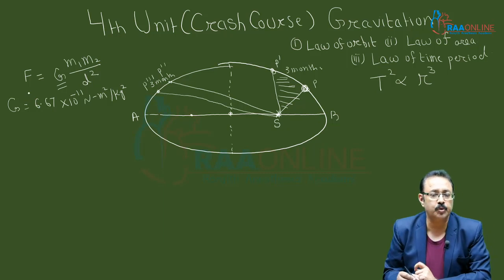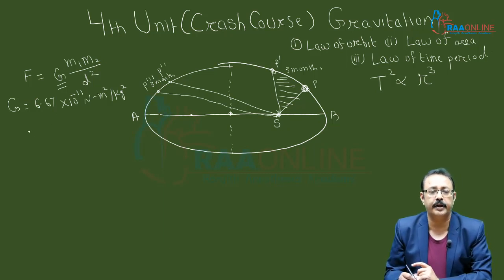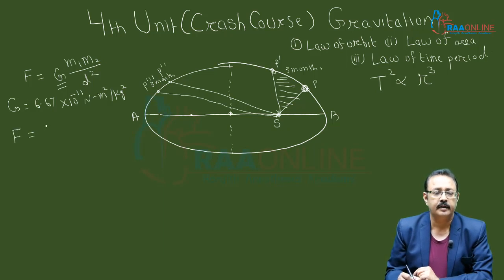But if in these two objects, one object is Earth and the other object is an object on Earth's surface, with ME meaning the mass of Earth, then this force is known as gravity.